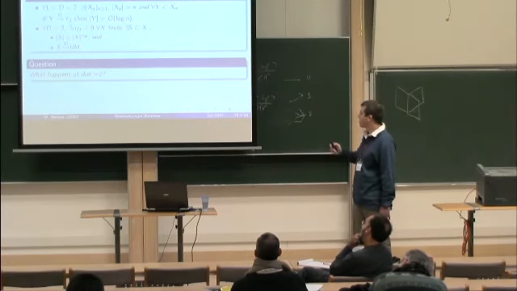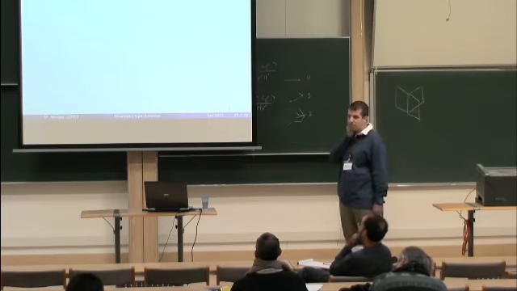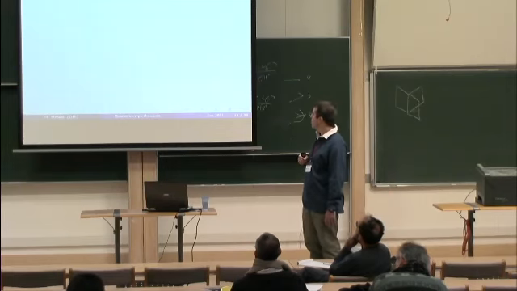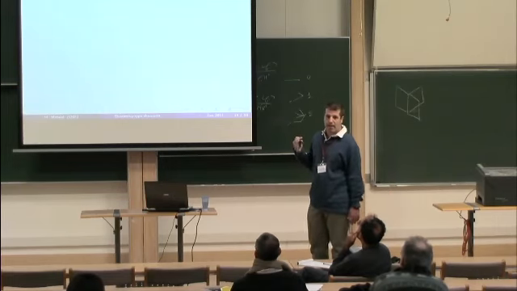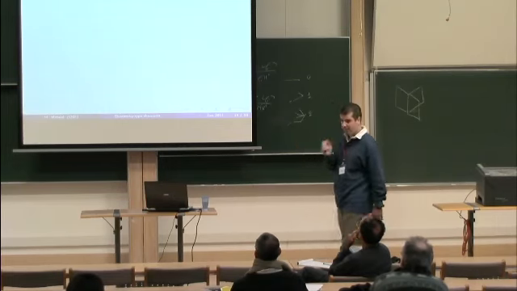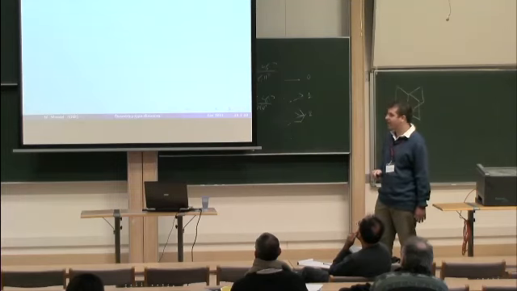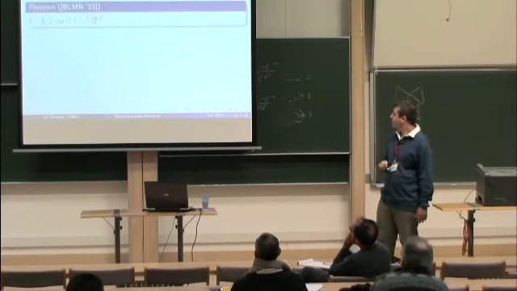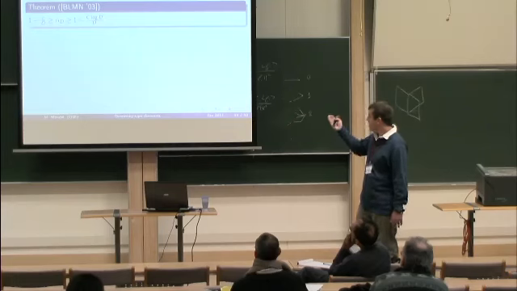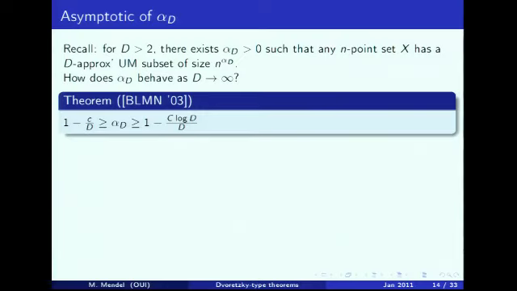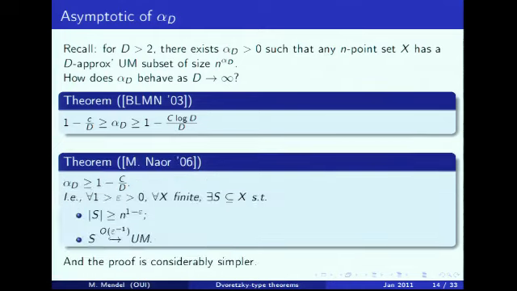It's now natural to ask how this power alpha d behaves when d tends to infinity. And well, you can guess it tends to 1. And this is the right guess. It actually behaves this way, 1 minus constant over d. This was proved a little bit later by Mendel and Naor.